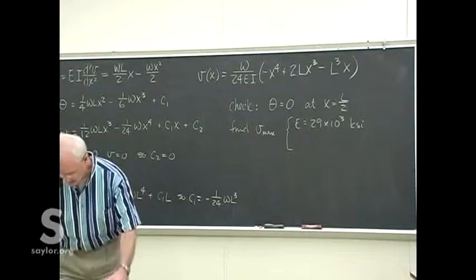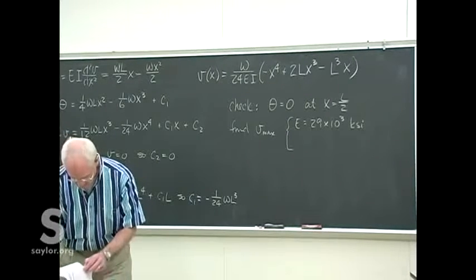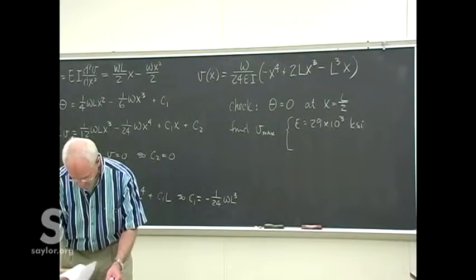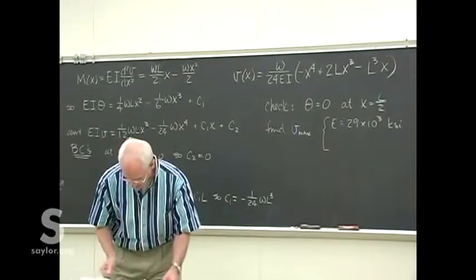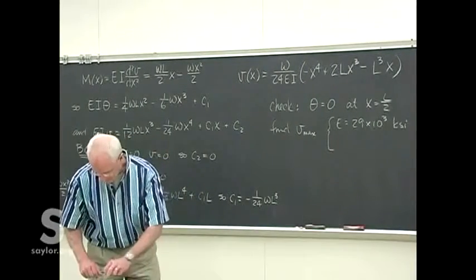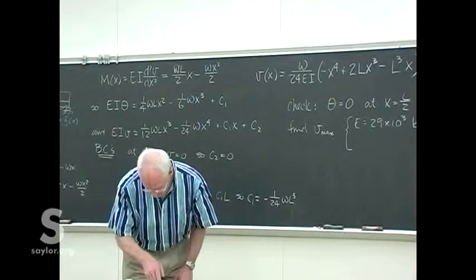And I'll just pick an H beam out of the table. Where that table is, Appendix B. And we'll figure out just what a Vmax is.